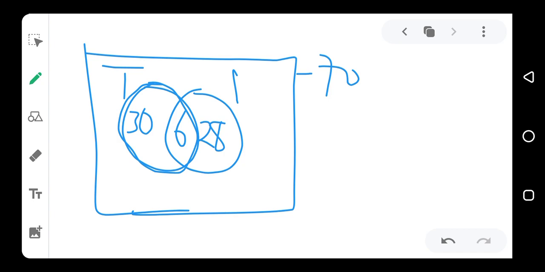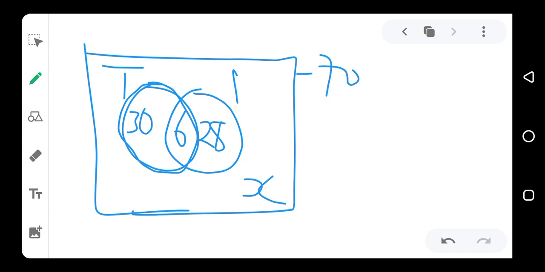So X number of pupils like neither Tasty Time nor ice cream.